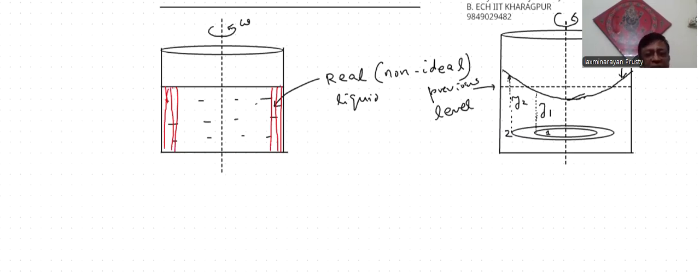In a steady state condition, all the layers attain the same angular velocity omega. They are at steady state.